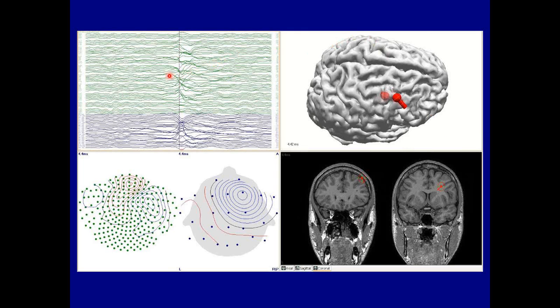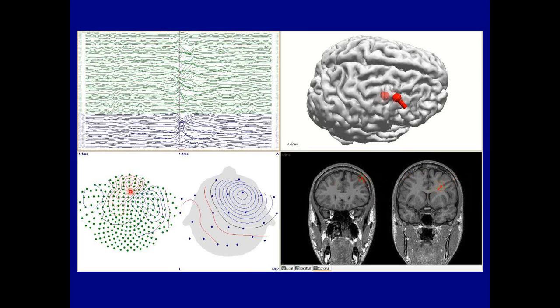And here's an example of a spike, again recorded in both MEG and EEG. The EEG has principally a radial field with the negative maximum here, positive maximum other side of the head. Here's the EEG dipole. It's deep to the cortex, but the orientation is such that it points to the cortex.